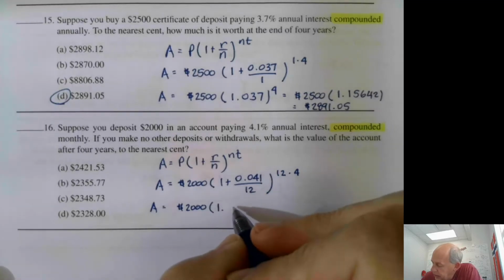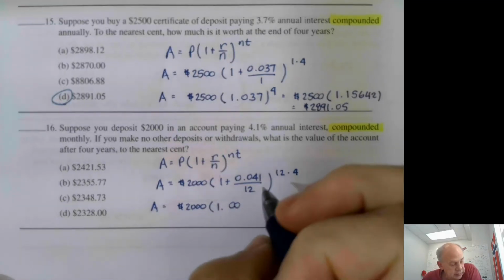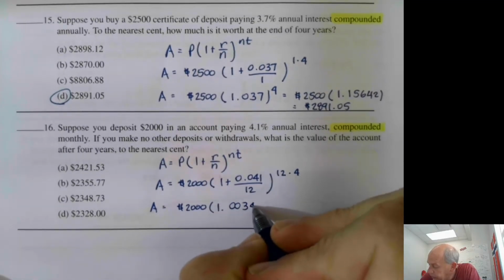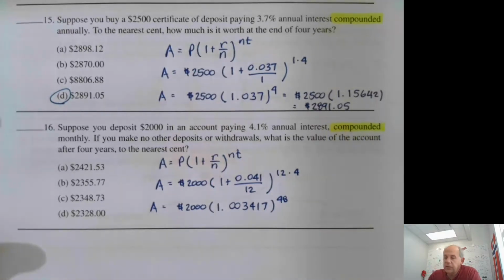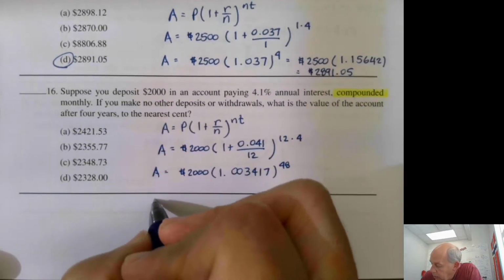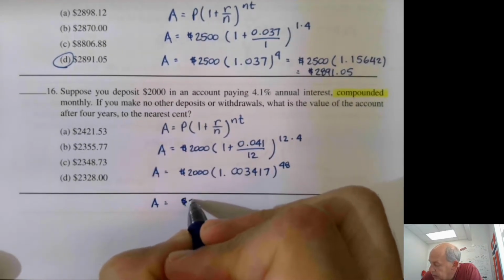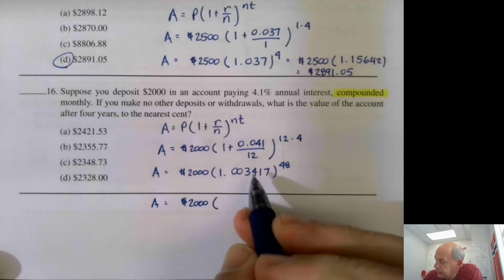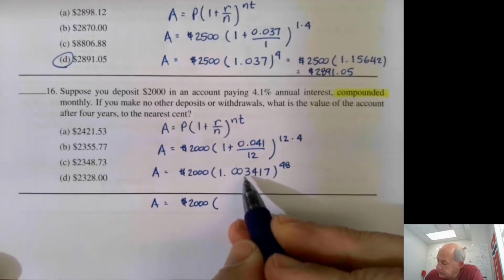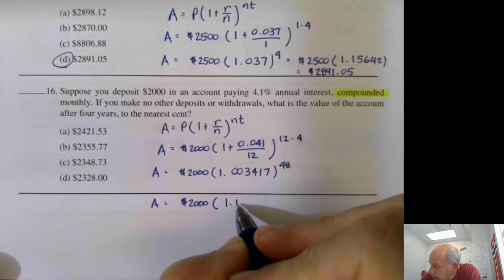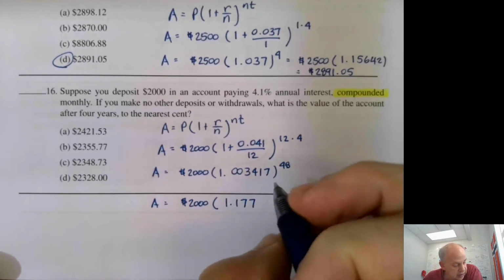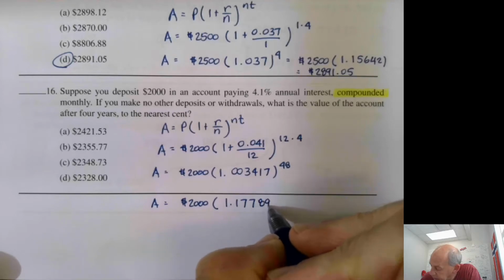0.041 divided by 12 is 0.003417. And I'm going to raise that to the 48th power, 12 times 4. My future amount is 2,000 times 1.003417 raised to the 48th power, which is 1.17789.